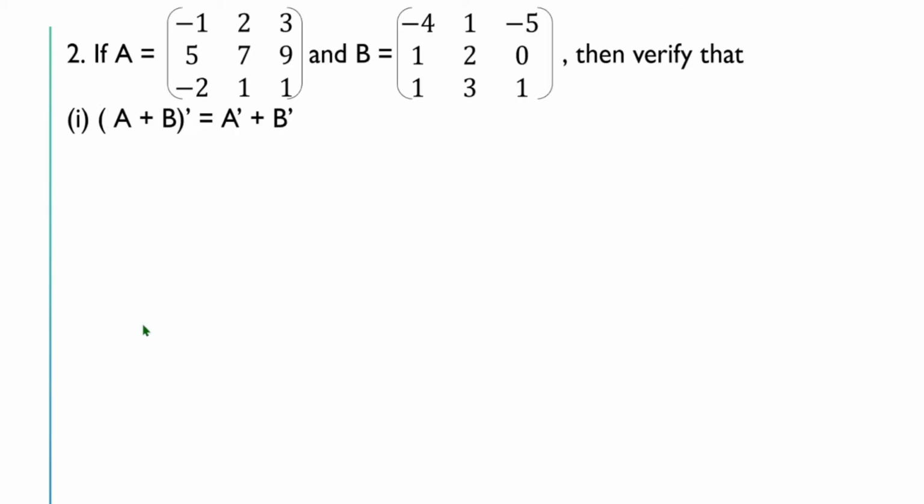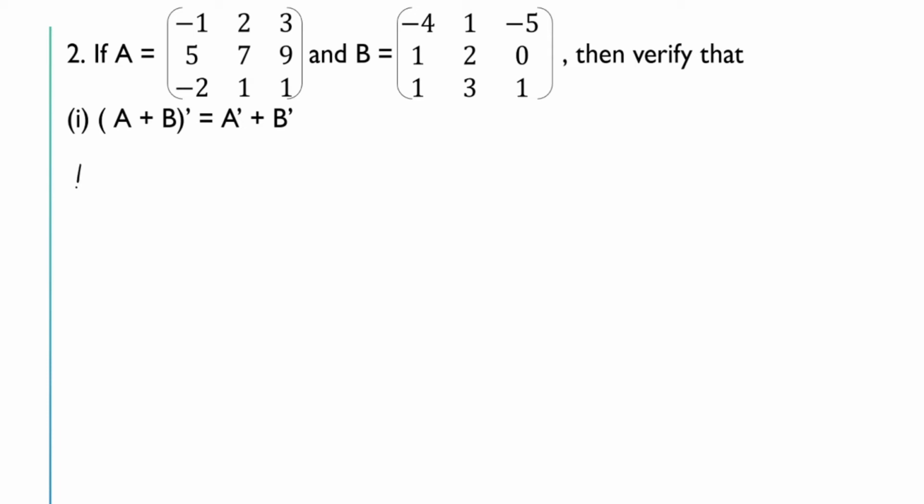The next one: if A is equal to this square matrix of order 3 and B is equal to this square matrix of order 3, then verify that A plus B the whole transpose is equal to A transpose plus B transpose. So first we will find the left hand side, A plus B the whole transpose, and then we will find the right hand side and check whether these two are equal.